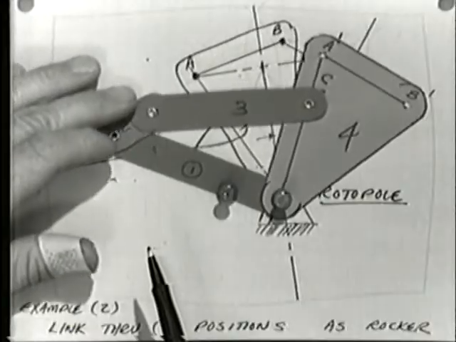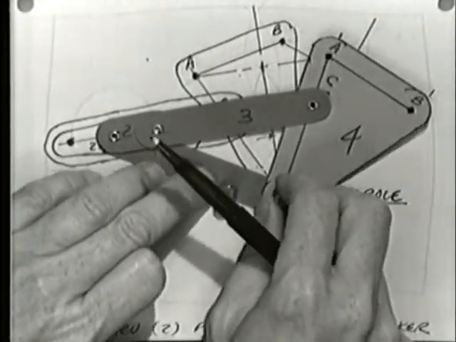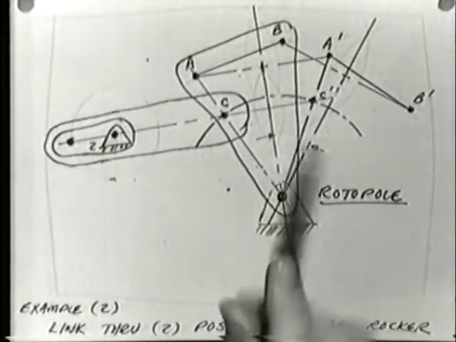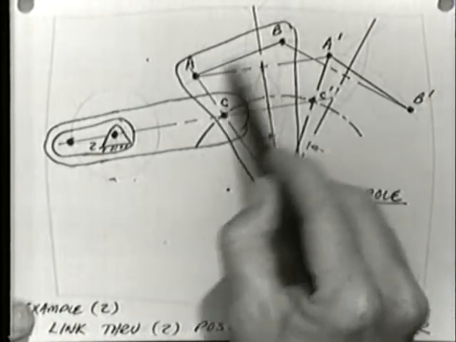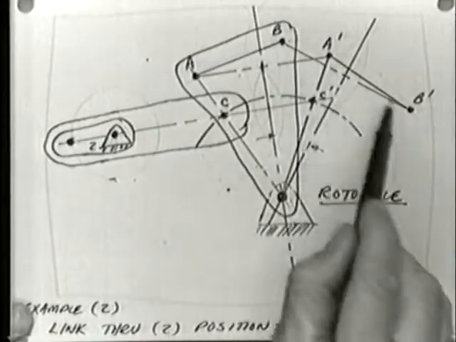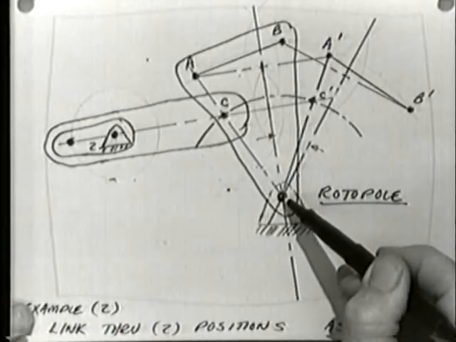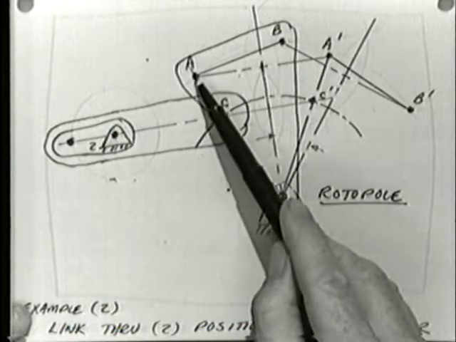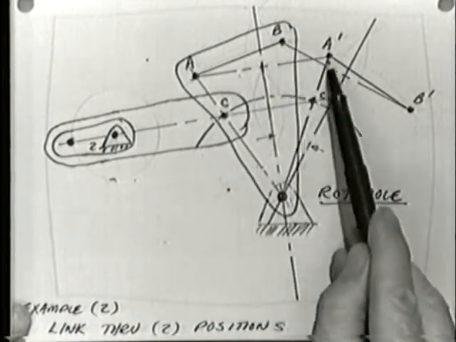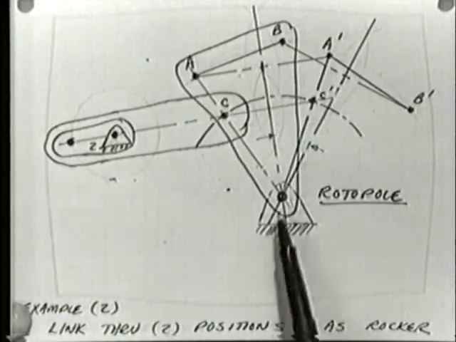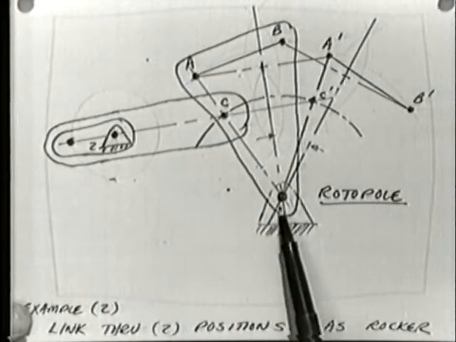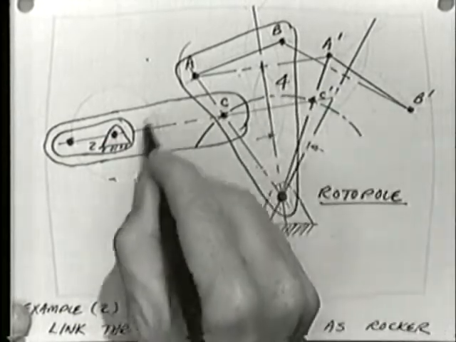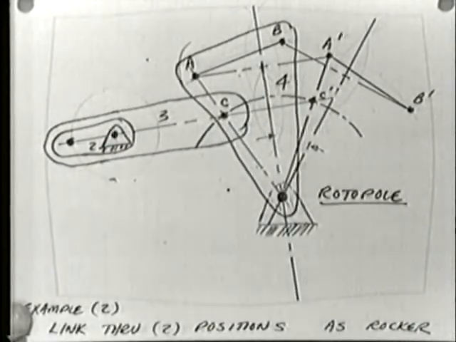So what have we done? We first of all, having decided we wanted this line to be here and later there, found the rotopole, which is the one and only one center which will allow that line to rotate from this into that position. That's a unique solution. Having found that and created this larger link 4, there's 4 right here, that's 3, that's 2.